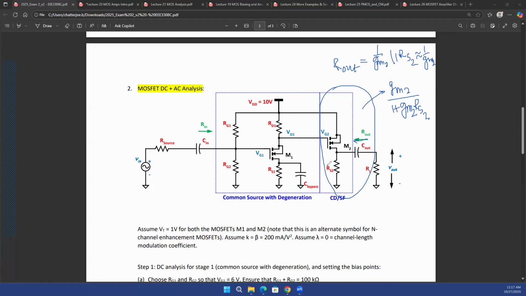All right. So you can find your Rout, you can find your gm, multiply the two, and you'll get your gain for the second stage. You'll see that the gain for the second stage is almost equal to 1. Let's see why this is almost going to be equal to 1.